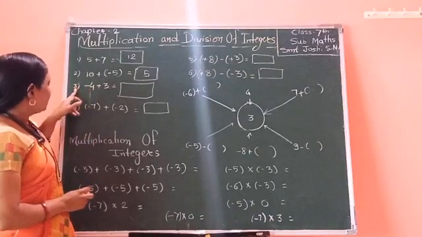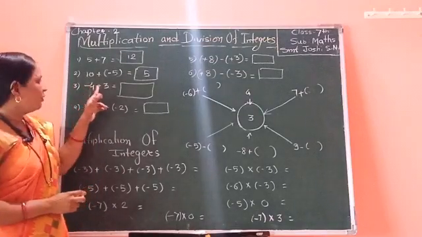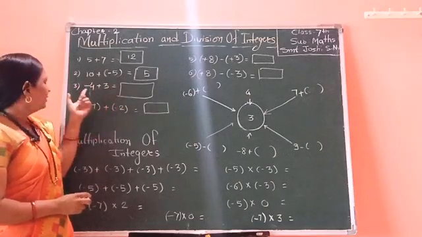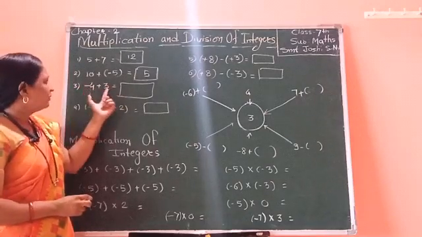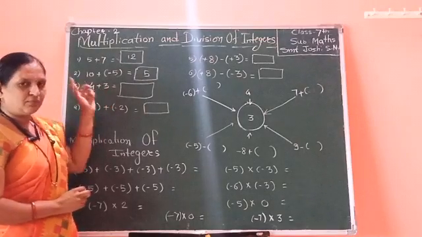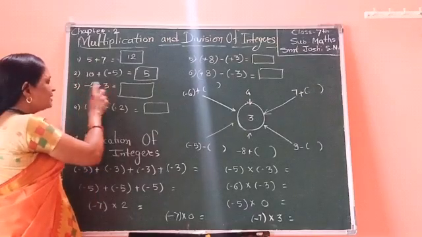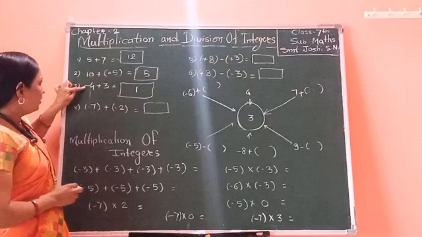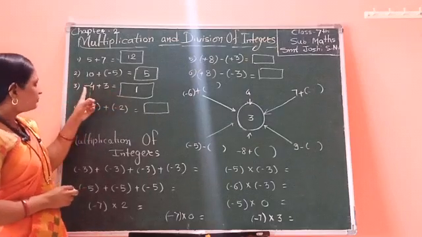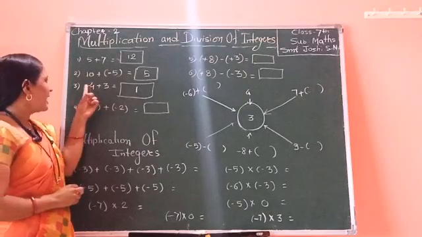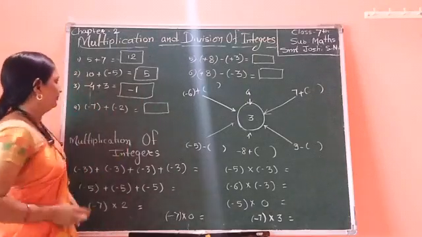Next, third example, negative 4 plus 3. Here 4 is negative, 3 is positive. Then subtract 3 from 4. 4 minus 3 equal to 1. And then the symbol. Which number is bigger? 4 is bigger, means the answer is negative.